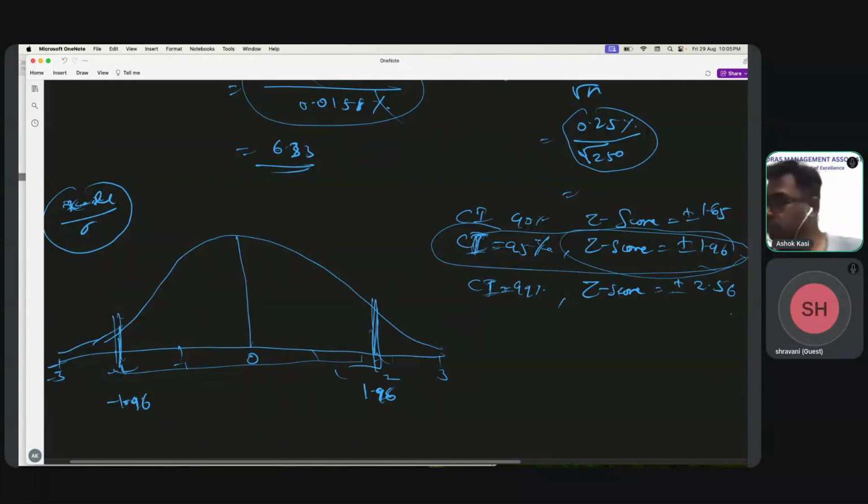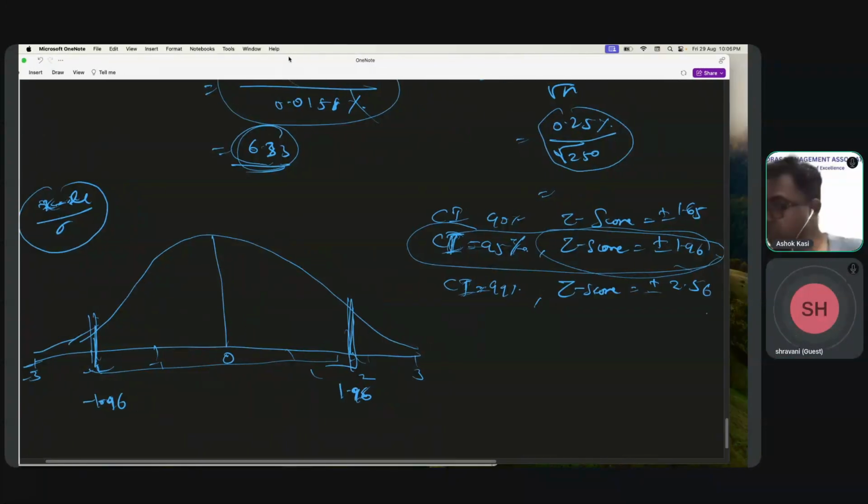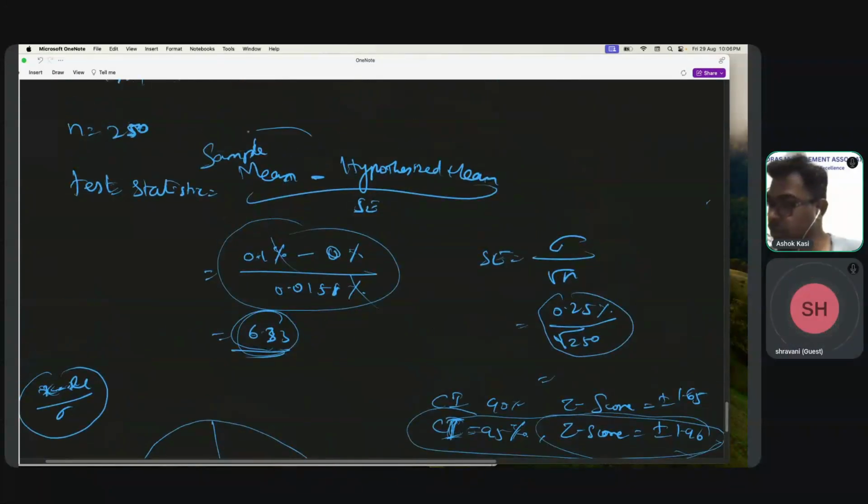Now this is 6.33, and you see this is very similar to a z-score. This z-score is coming to 6.33.